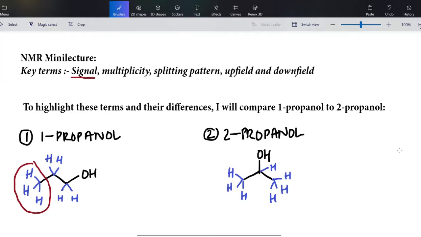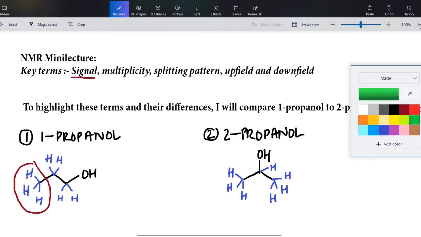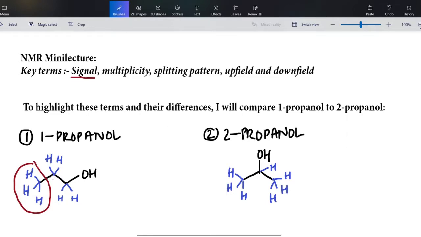Now what about the next 2 hydrogens? These H's are also connected to the same carbon, which is connected to a CH3 group and a CH2 that's present nowhere else on this compound. So these 2 hydrogens also produce their own signal.